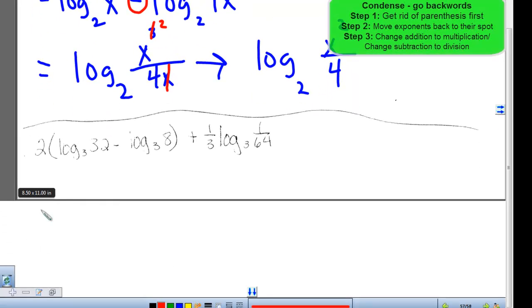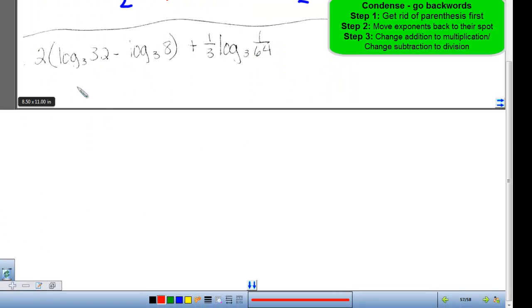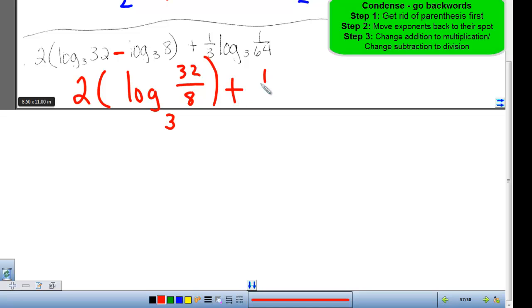Next example. Take care of what's in parentheses first according to PEMDAS. That still applies. And there's a minus sign here. So this is log base 3 of 32 divided by 8 plus 1/3 log base 3 of 1 divided by 64.